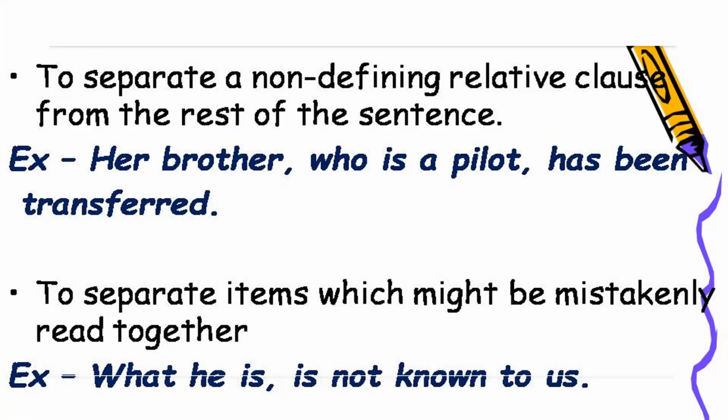So I'm pausing. What he is, is not known to us. That means we don't know what he is. Okay. So now we have understood the sentence. If without a comma we put two is together, you would not understand what the sentence means. Okay. So in such cases also, we need a comma to indicate the pause.